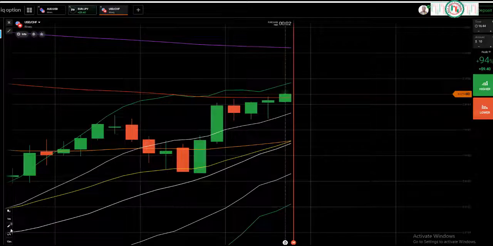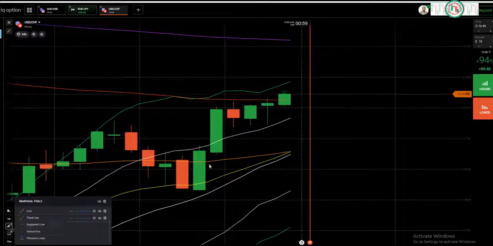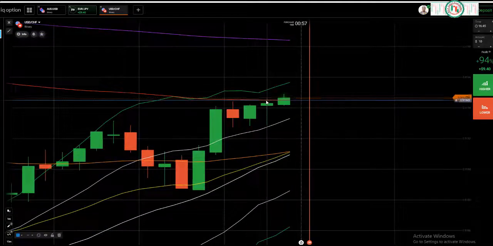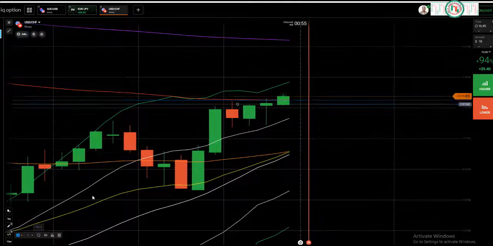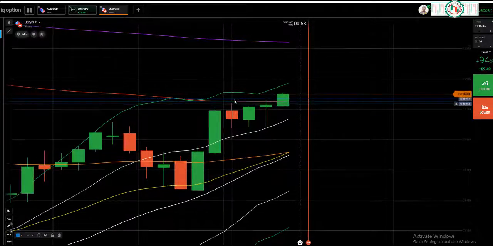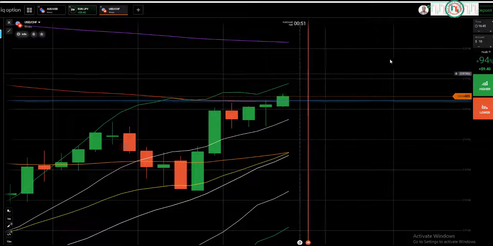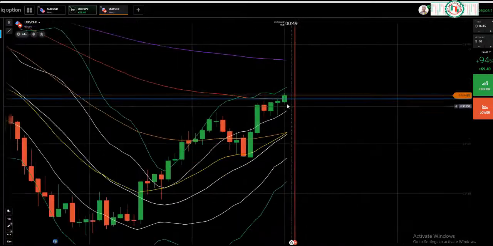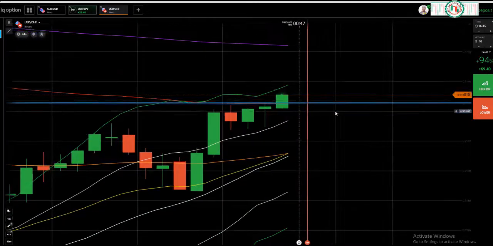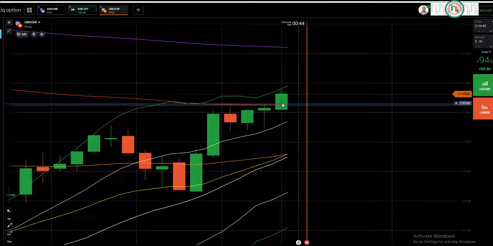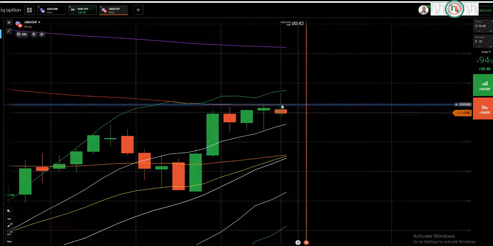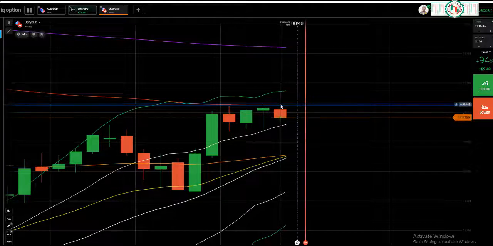See, market is rejecting from this level. Yes, this is a nice area. Let's see. Yeah, we see this is a very strong area.